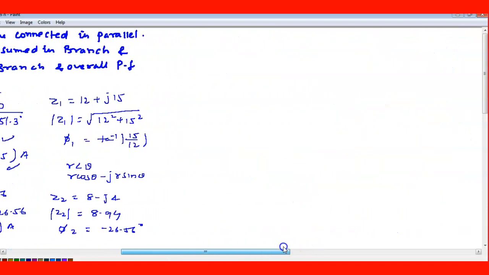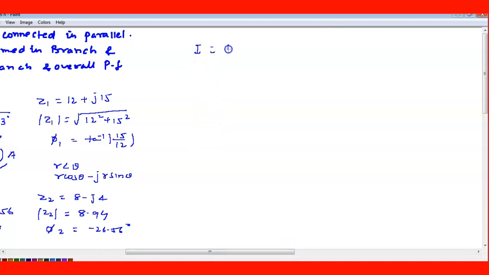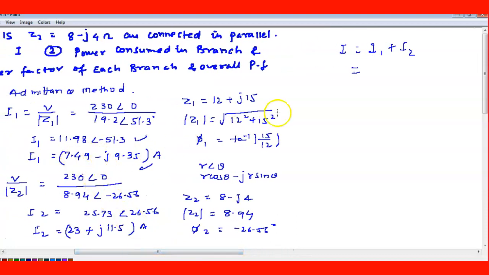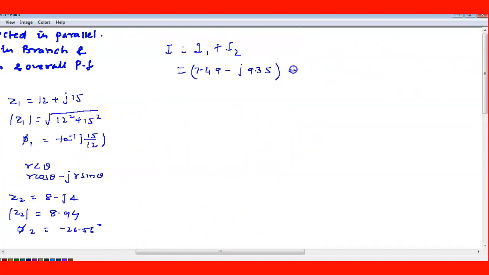So the total current I is equal to I1 plus I2. It is better to take them in complex number form, because we know complex number addition. I1 is 7.49 minus j times 9.35, and I2 is 23 plus j times 11.5.